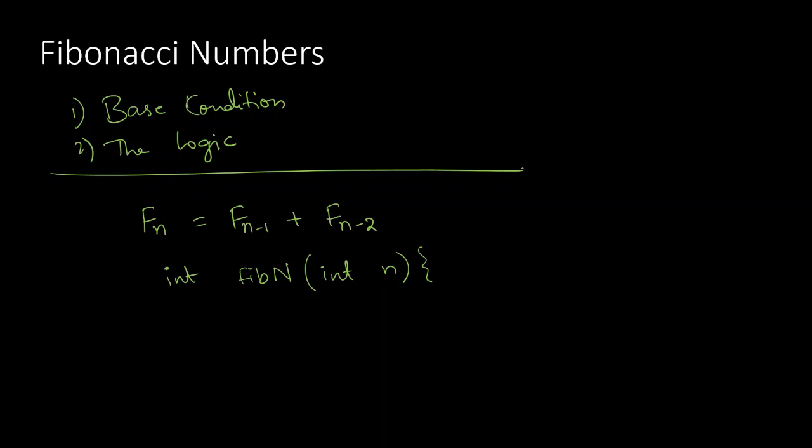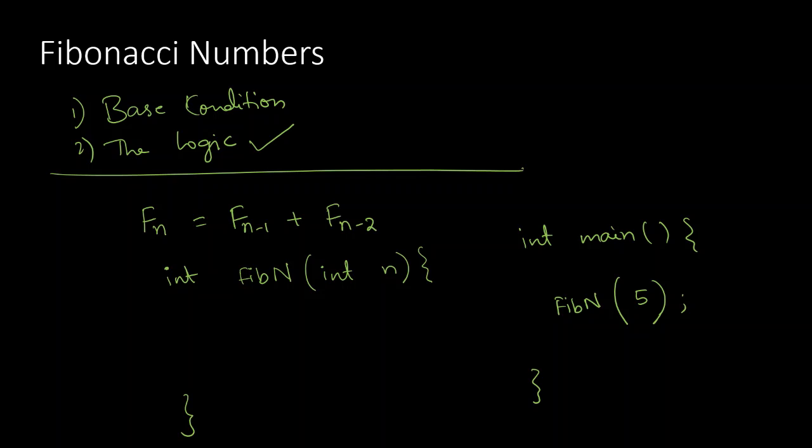And now in this function, let's ignore the base condition, we're just going with the logic as of now. So what we do is the nth Fibonacci number is simply fib n. When you call, guys, just leave the function and for simplicity assume this is the int main in which you are going to call this function, which is fib n of, let's say you want the fifth Fibonacci number.